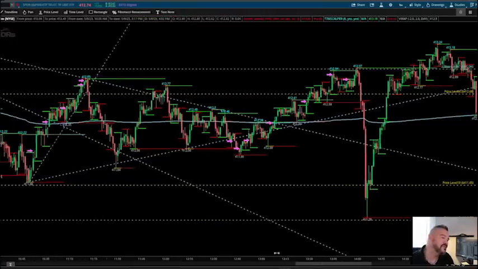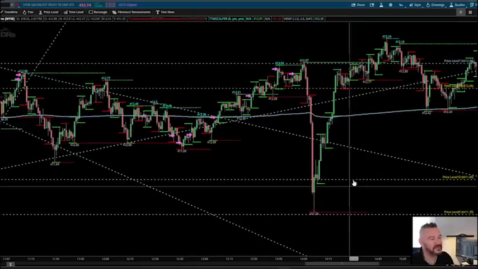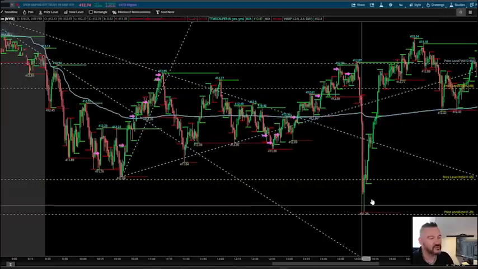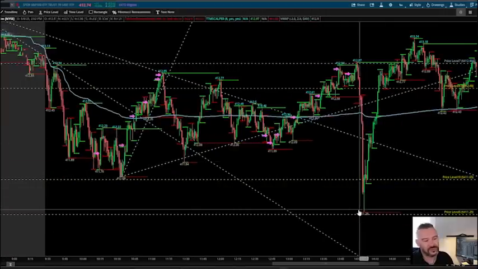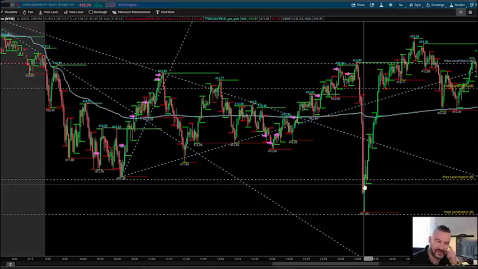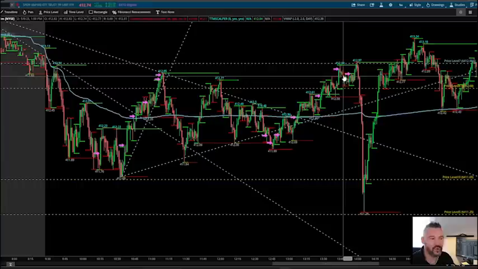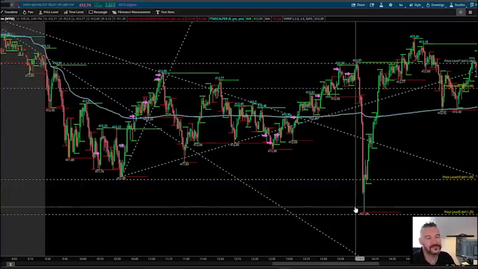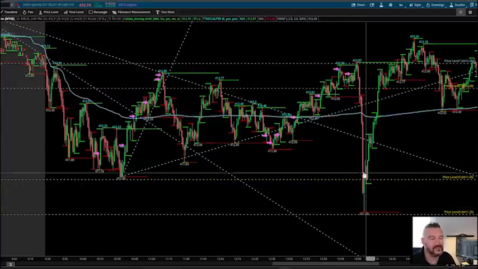And in hindsight, you can say, "Oh, right, but we had the low of the day, we had a new support level." After a flush like this, I don't know. At that very moment, as it's flushing down, yeah, people would enter.